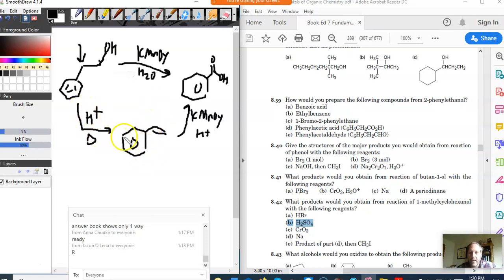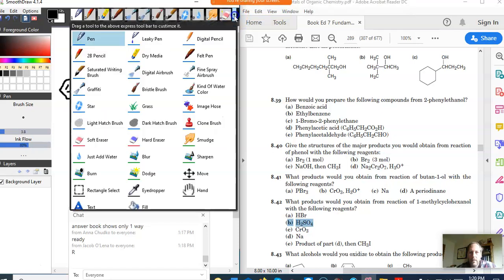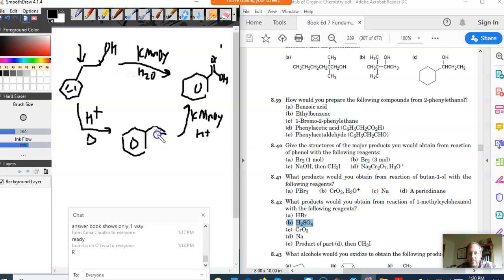You can either eliminate it, and the reason why I chose this way, you can choose either way, is because this double bond compound is going to come in useful for a few of the other questions. So either one of those would work.